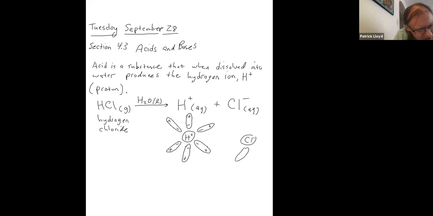In this case, the water molecules will turn the opposite direction so that the positive charges are interacting with it, right? But essentially the same thing. Sorry, I didn't draw that one very well. Plus, minus, okay? So for that reason, many acids, including hydrogen chloride, dissolve very nicely into water, okay?